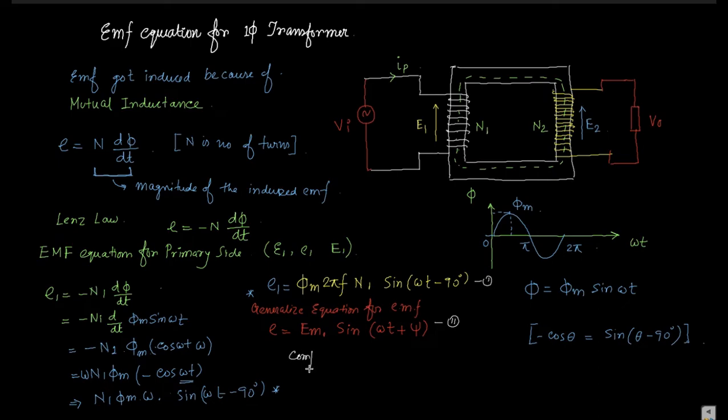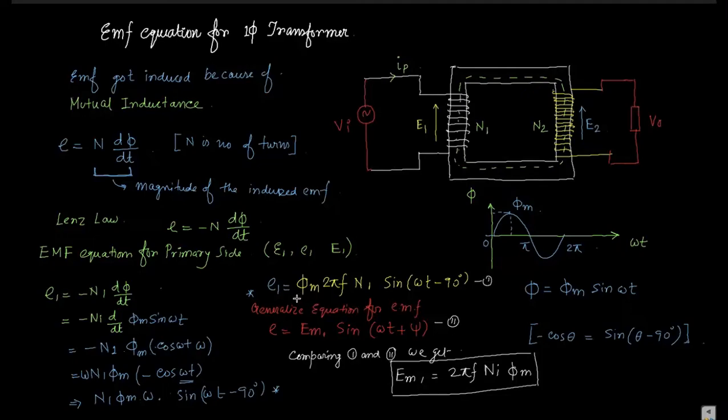Comparing 1 and 2, we get Em1 is equal to 2 pi f N1 into phi m, and the rest of the term is the same.